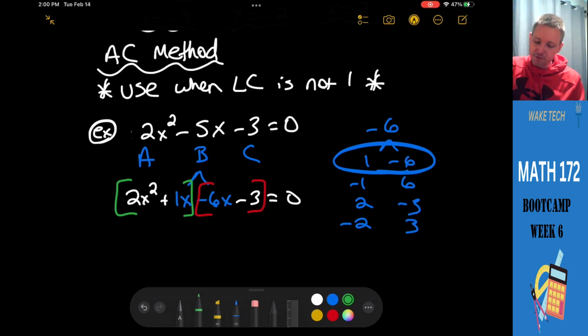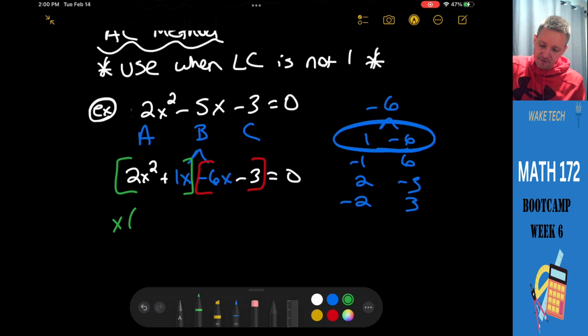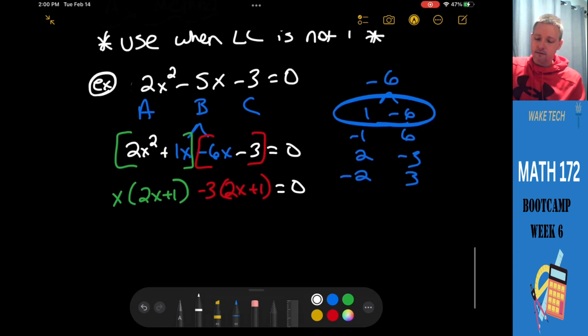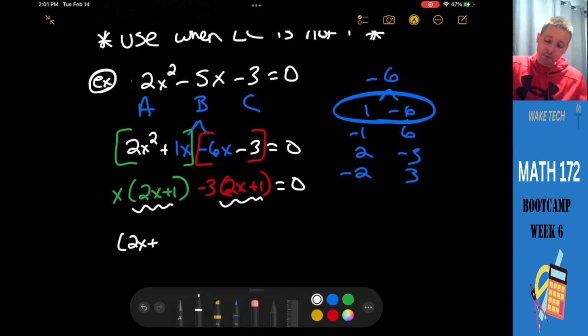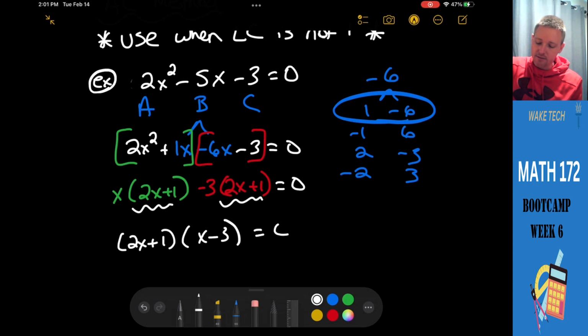So from that green group, we have a common factor of x. From the red group, we have a common factor of -3. Since the insides of these parentheses match, we can remove that common factor. We get 2x plus 1 times x minus 3.